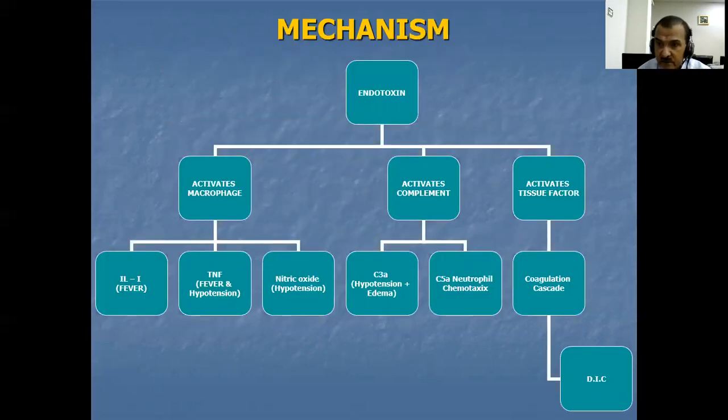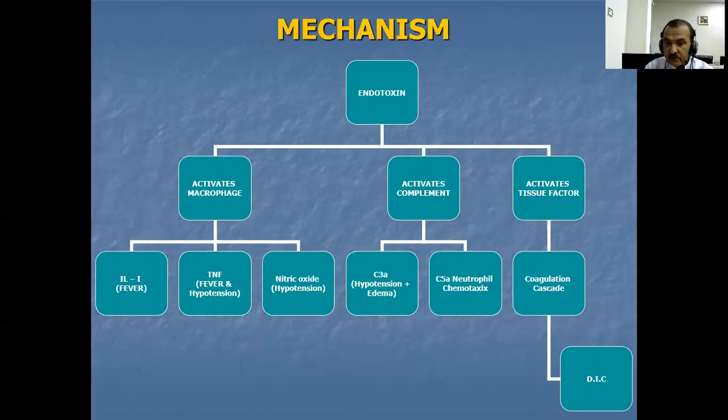Mechanism. What is the mechanism of the endotoxin? Endotoxin actually activates the macrophage, activates the complement system, and activates the tissue factor. The activated macrophages release three types of cytokines: interleukin 1, which is associated with fever; tumor necrosis factor, which is associated with fever and hypotension; and nitric oxide, which is associated with hypotension. Actually, two of the complements, known as anaphylatoxins, are produced: C3a and C5a.